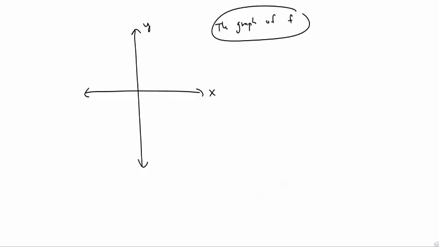Here's what the graph of f looks like. Let's work left to right. So the first formula gives us this part of the graph of f. This right here is the point (-2, 1). This is (1, 7). And then when x equals 1, we had the middle formula.